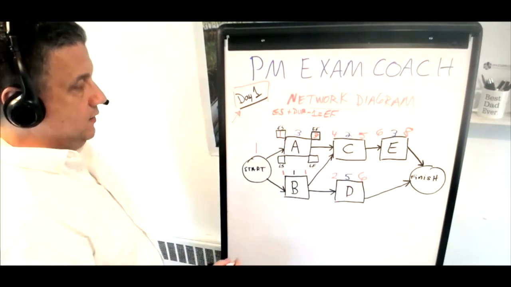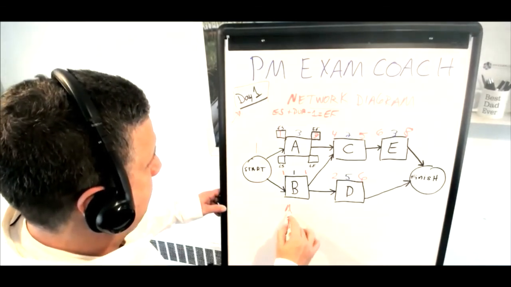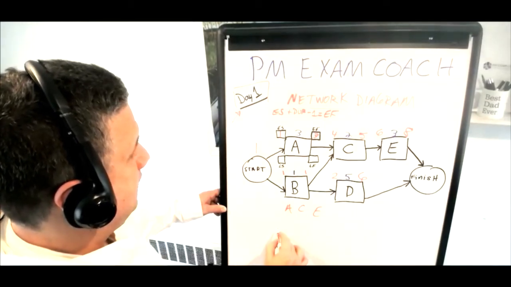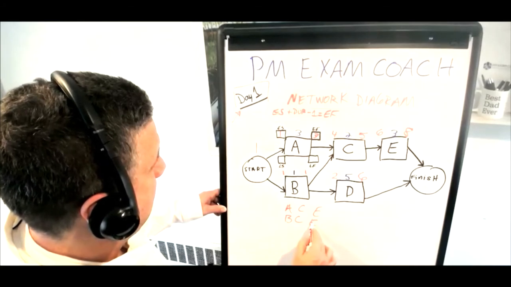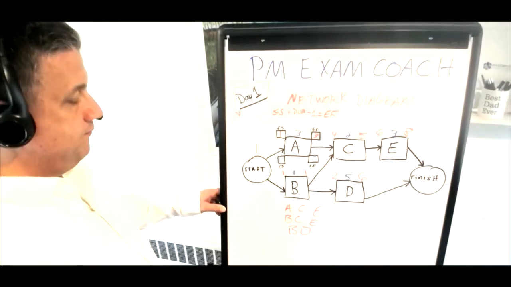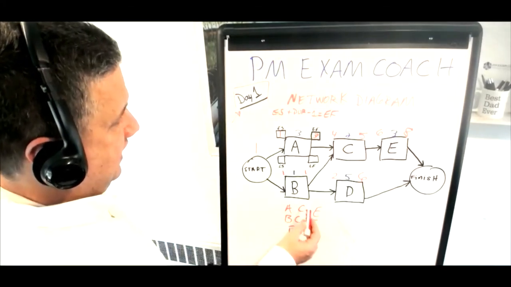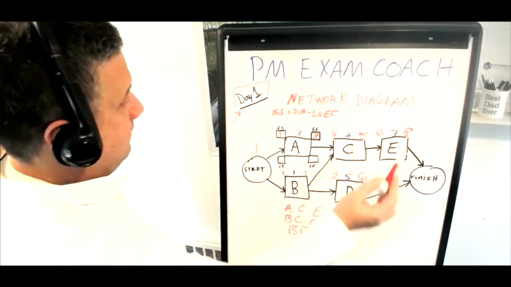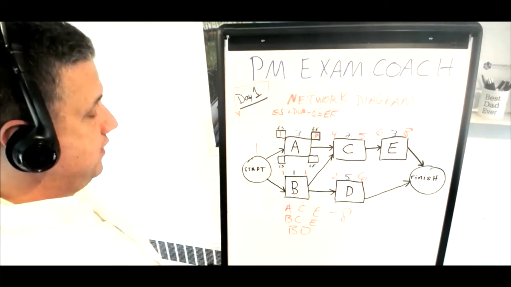All right, so now we see that we have 3 paths through the network: A, C, E; B, C, E; and B, D. So let's add up the full length of each path. Let's start with ACE. 3 plus 2 plus 3 is 8, so the first path has a total duration of 8.